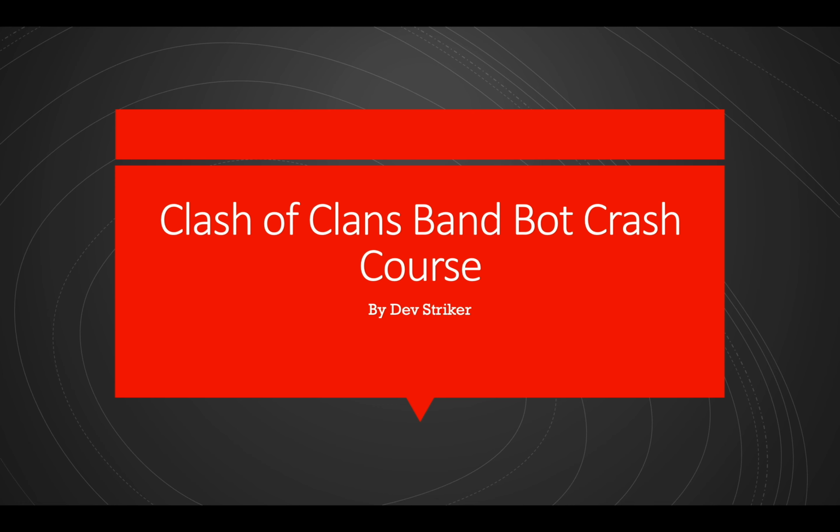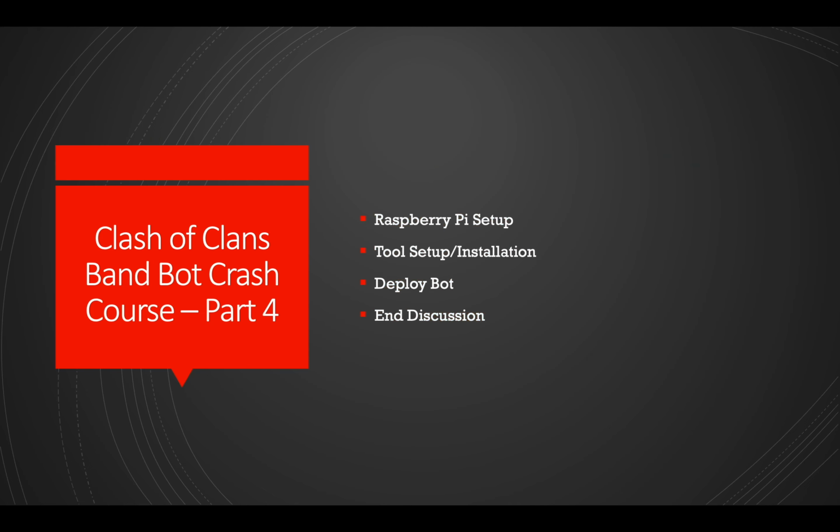So let's dive into the last sections of our course overall. In these sections, I'm planning to do my last bit, which is setting up the Raspberry Pi and doing all the installation for that, basically the packages and the things that we need, and then finally deploy.